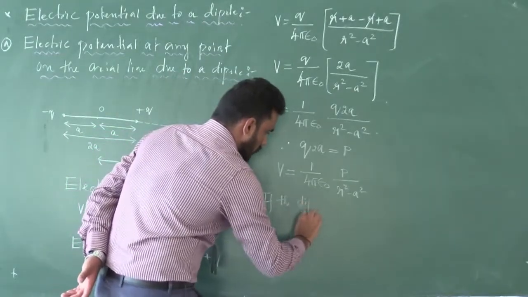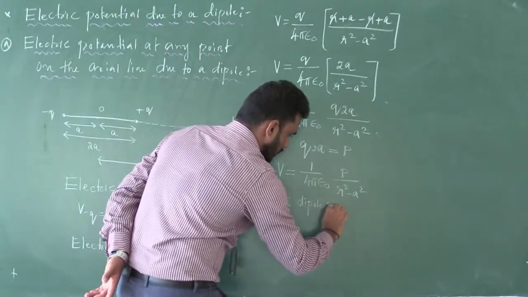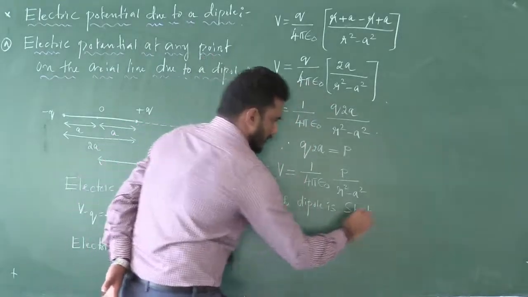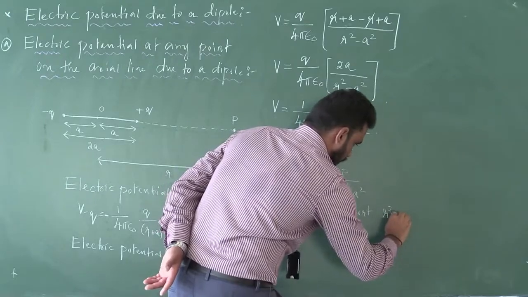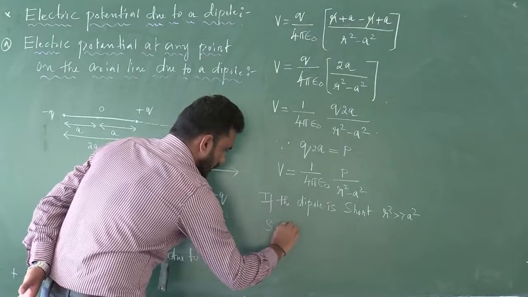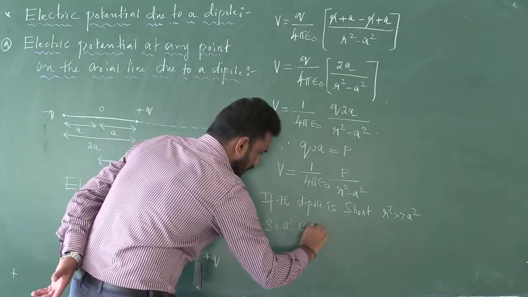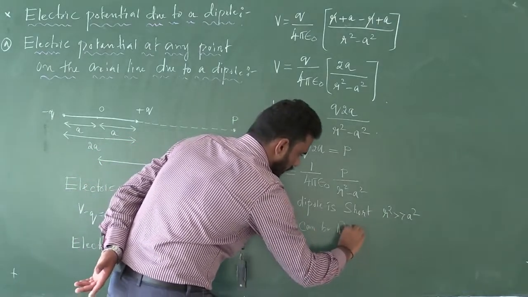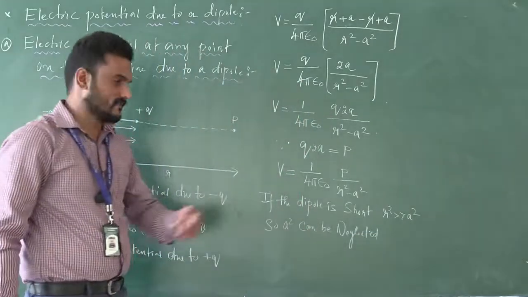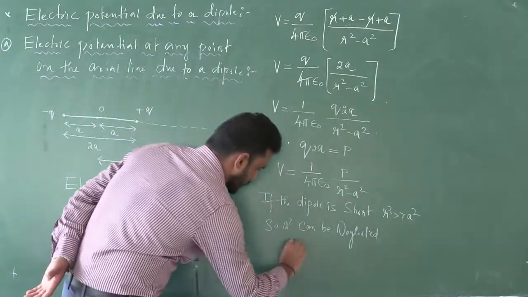If the dipole is short, then r square is very much greater than a square. So a square can be neglected since it is very small. So what will be the remaining equation?